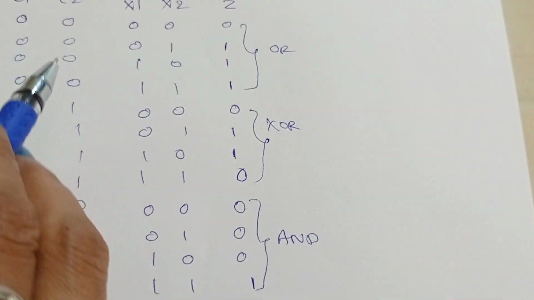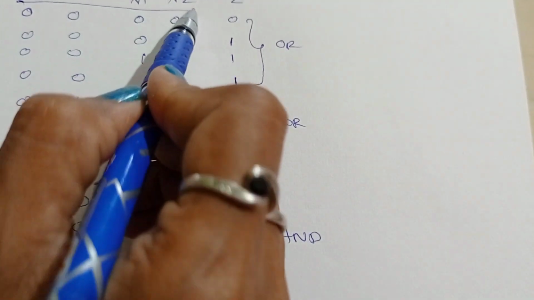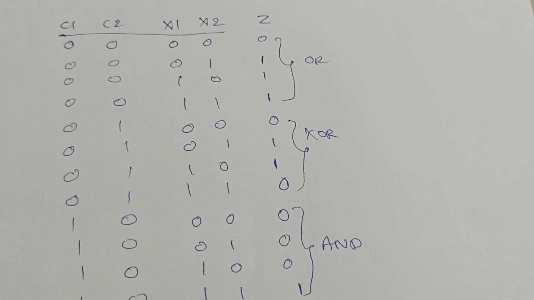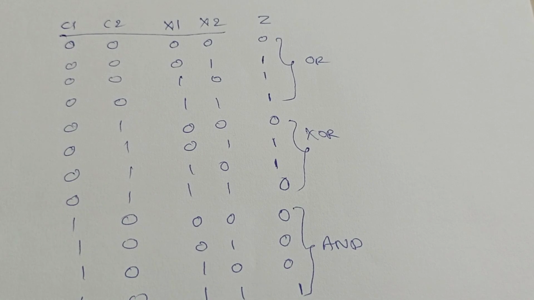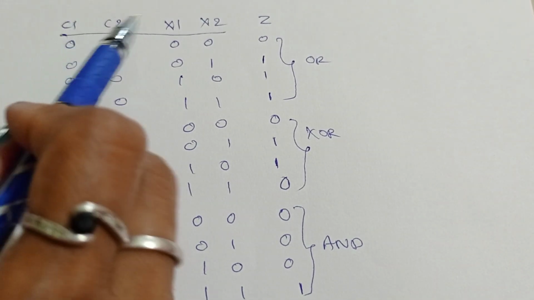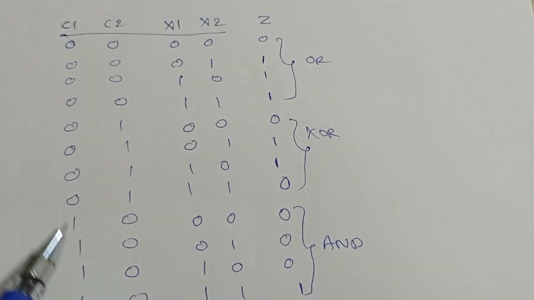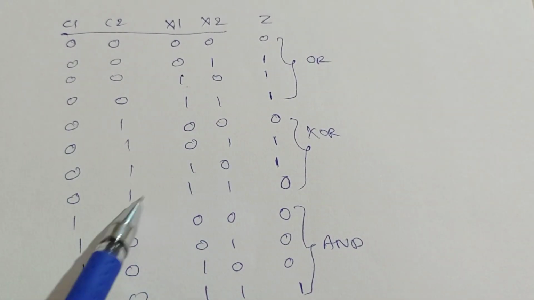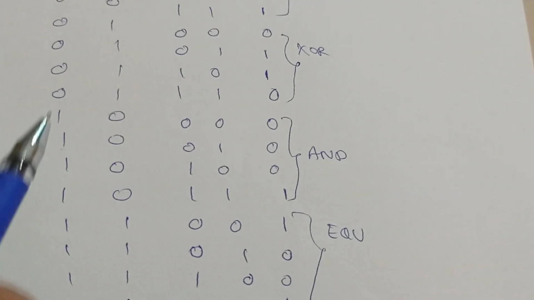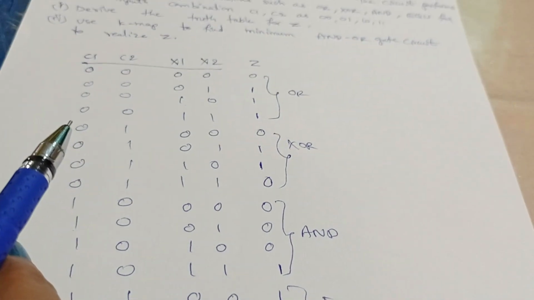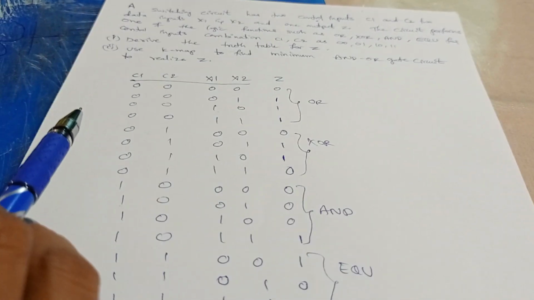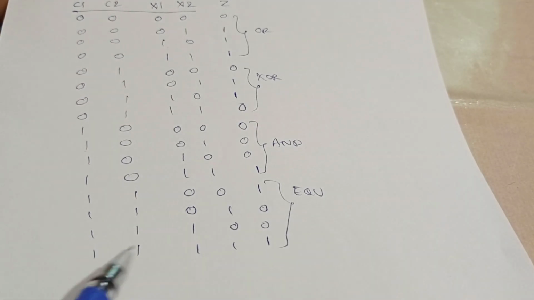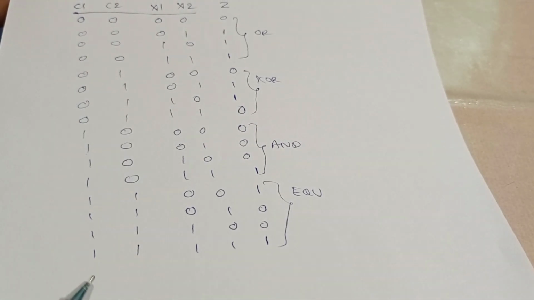Now this becomes a 4 input SOP, that is K-map. We can take it as A, B, C, D, 4 bits, and we can see 0, 1, 2, 3, 4, 5, 6, 7, 8, 9, 10. With 4 bits we get 0 to 15, that is 16 combinations.